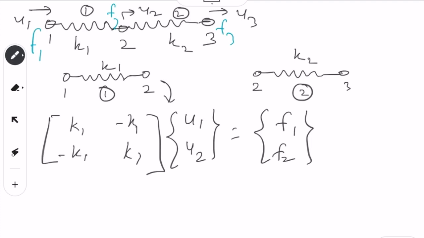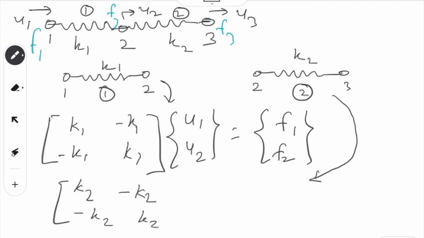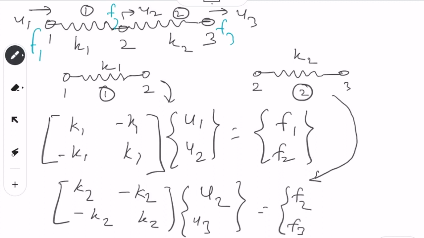Okay, and from the second one also we can write, and that will be like this. It will be K2, minus K2, minus K2, K2, and then we have U2, U3 is equal to F2 and F3.